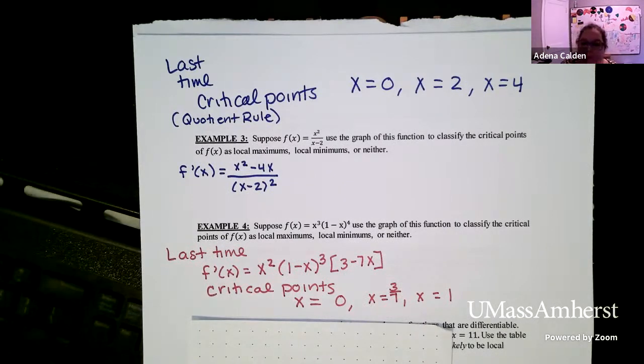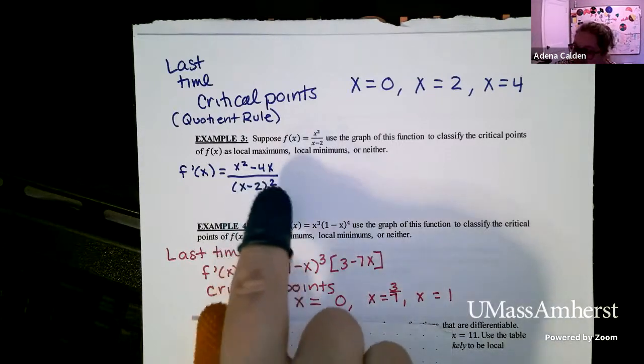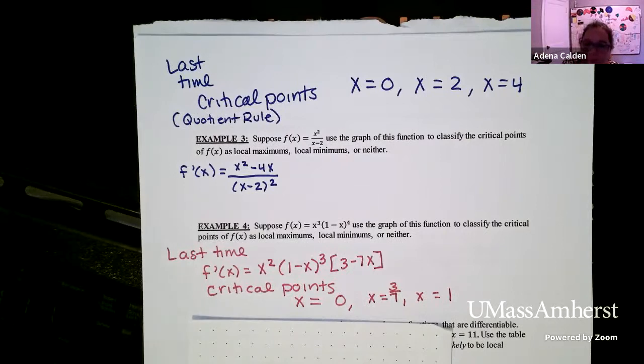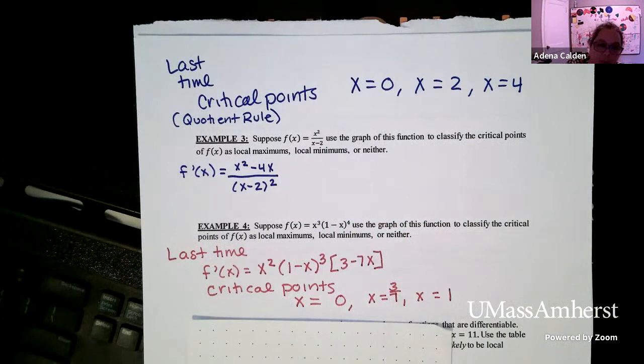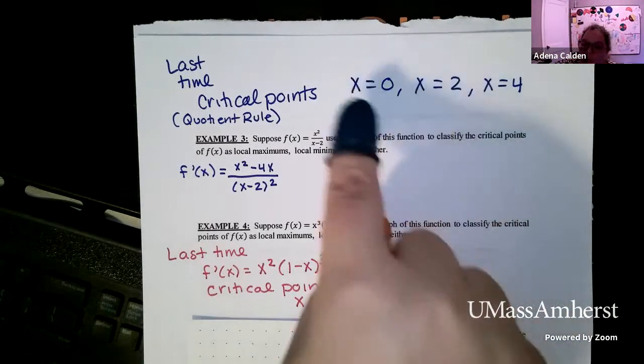As a reminder, for example 3, we used the quotient rule, and then did some simplification, and our first derivative was x squared minus 4x, all divided by x minus 2 squared. From that, we were able to determine critical points of 0, 2, and 4. We set the numerator equal to 0 to find the points where the first derivative equals 0, and we set the denominator equal to 0 to find any points that were undefined. So that's where we got our critical points.